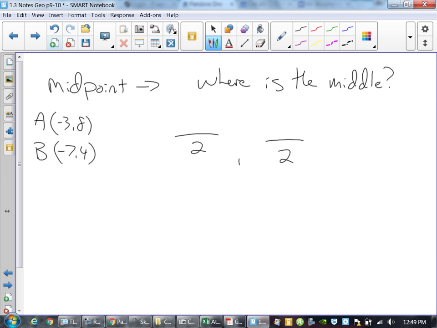But I cannot stress, if you're doing this in a calculator, make sure you use that fraction bar. Because if you take -3 plus -7 divided by 2, it's going to be wrong. It's going to divide by 2 first and then add it to the -3, and it won't work. So -3 and -7 is how much?